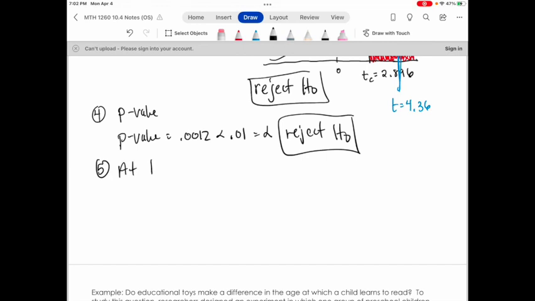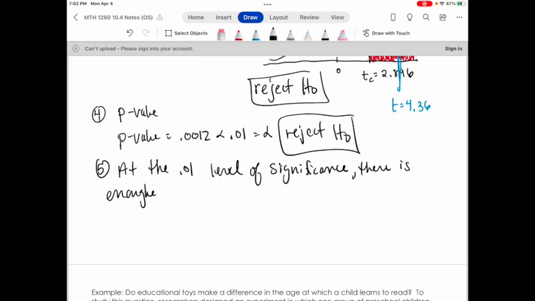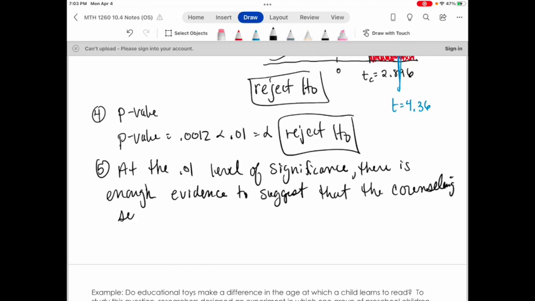We're going to say at the 0.01 level of significance, there is enough evidence to suggest that the counseling sessions reduce anxiety.